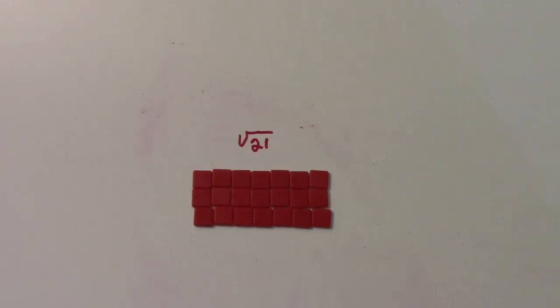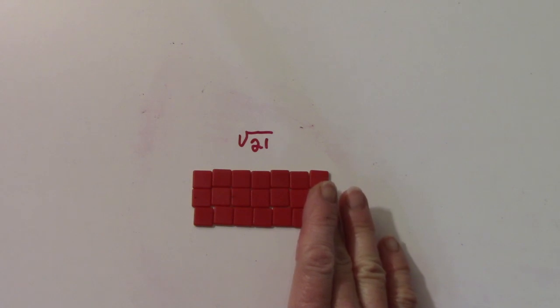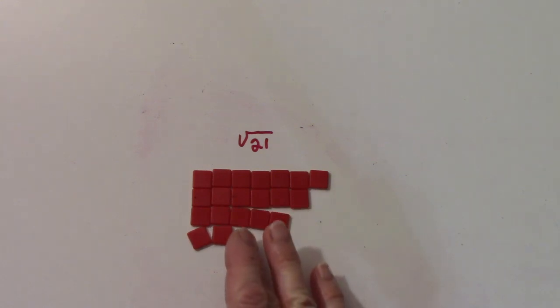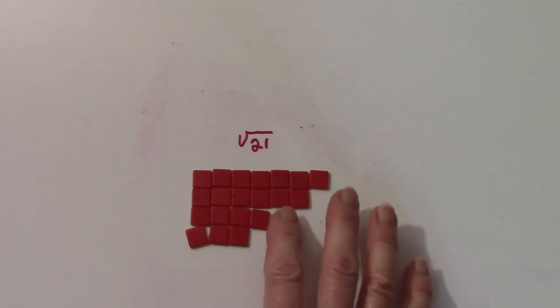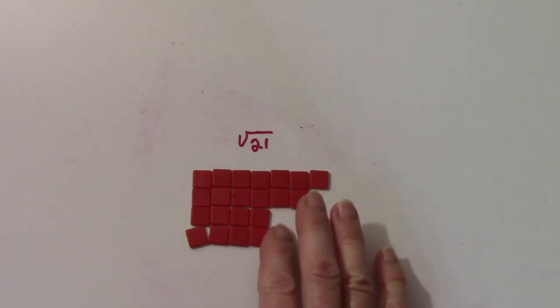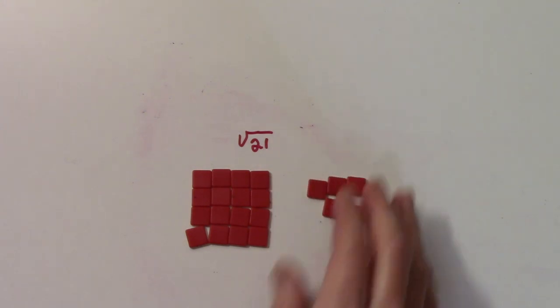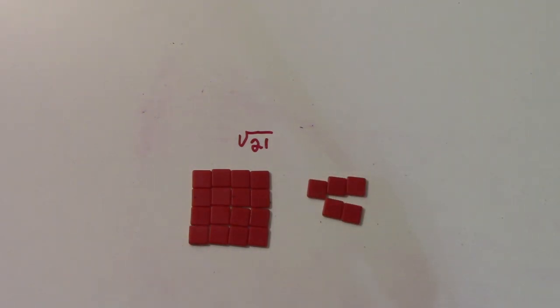Okay, in this example I have 21 tiles. I formed them into a rectangle, but I can't make a square using the 21 tiles. So I want to see what is the largest perfect square I can make using less than the 21 tiles. When I try to use most of the tiles, I can make a perfect square using 4 by 4, but I can't make one using 5 by 5.